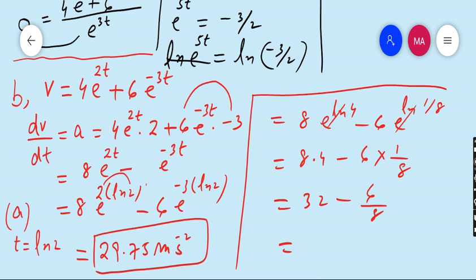So 18 upon 8, 2 nines are 18, 2 fours are 8, 9 upon 4. The answer is 29.75.